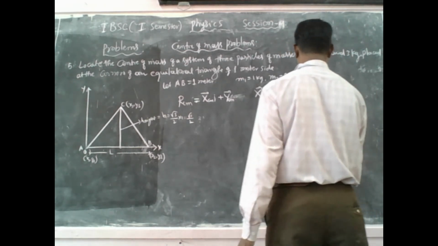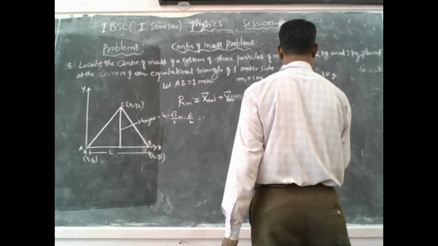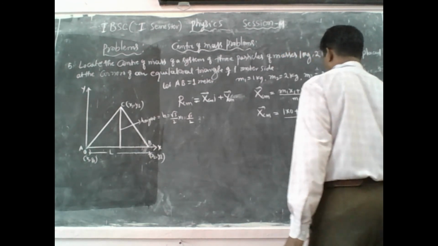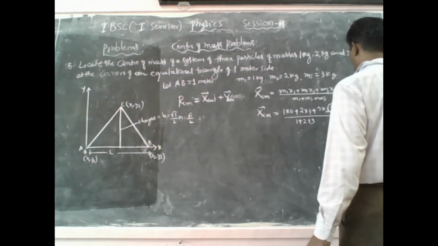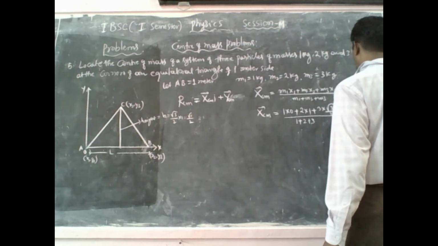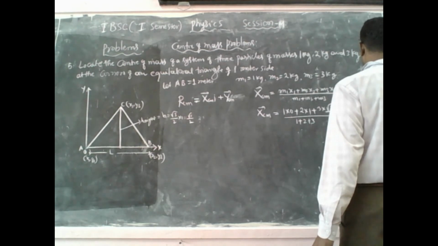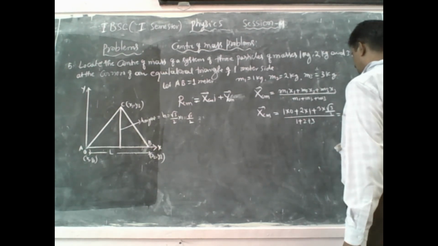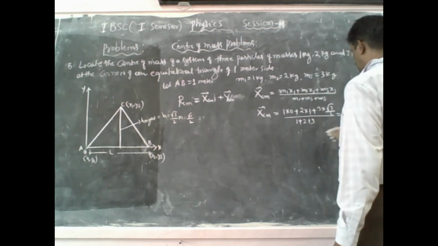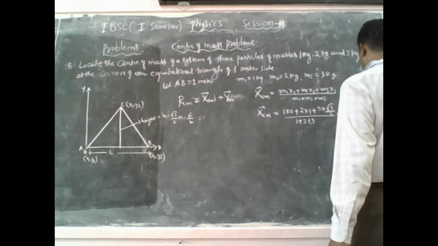divided by M1 equal to 1 kg plus M2 equal to 2 kg plus M3 equal to 3 kg. That is equal to 0 plus 2 plus 3 root 3 by 2, all divided by 6, isn't it?